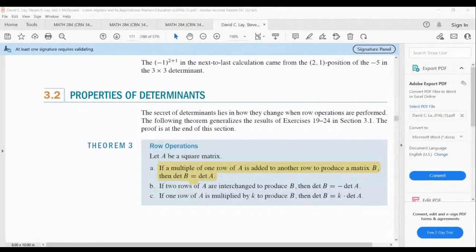The little example I did reinforces that theorem 3A result. It's not a proof, but it reinforces it. And so with an example like that, hopefully you'll remember theorem 3A. Are there any questions so far?